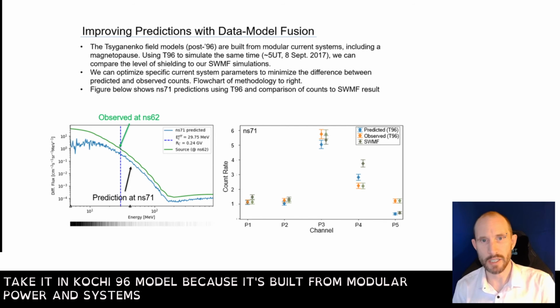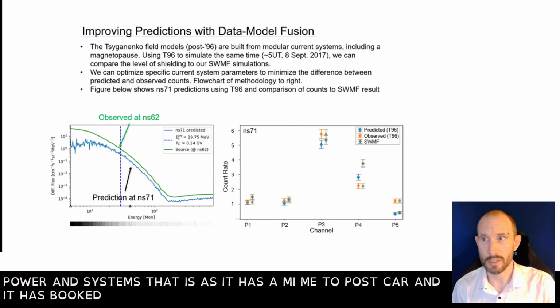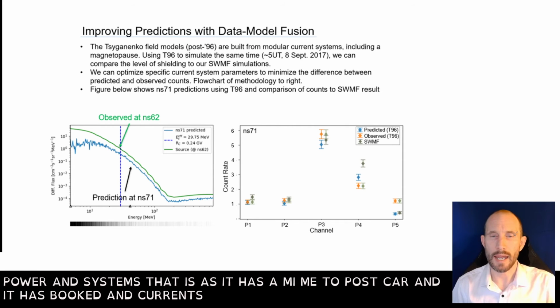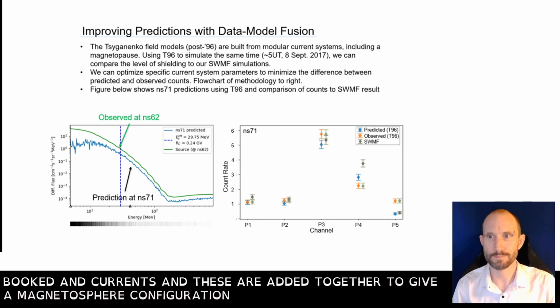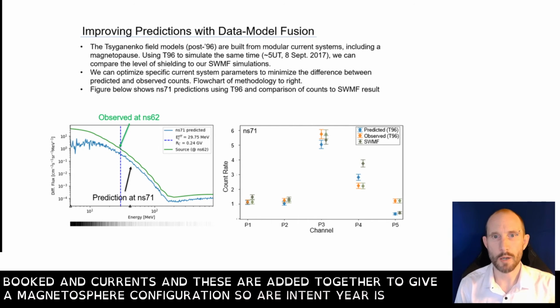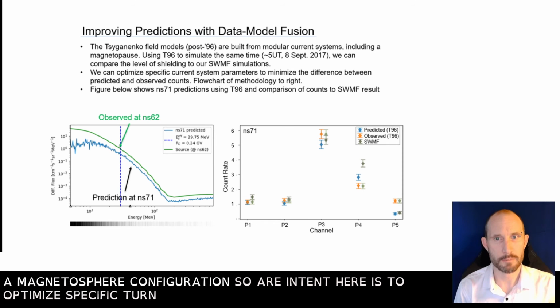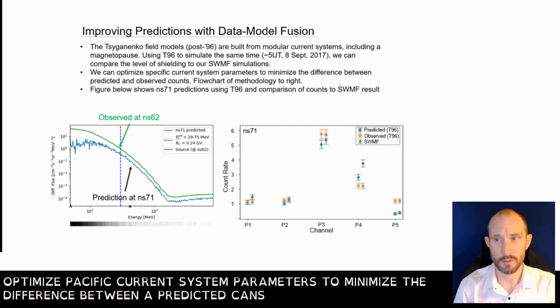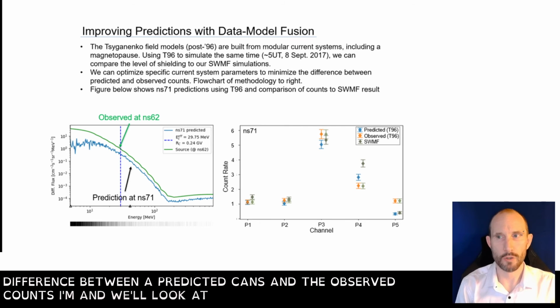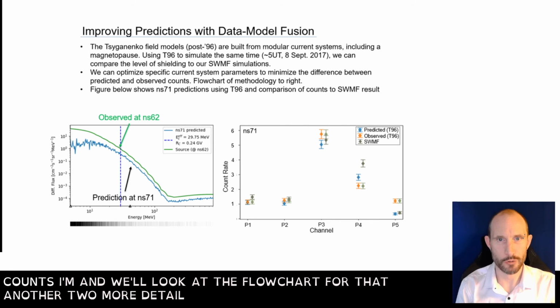That is, it has a ring current, it has a magnetopause current, it has Birkeland currents, and these are all added together to give a magnetosphere configuration. Okay, so our intent here is to optimize specific current system parameters to minimize the difference between our predicted counts and the observed counts.